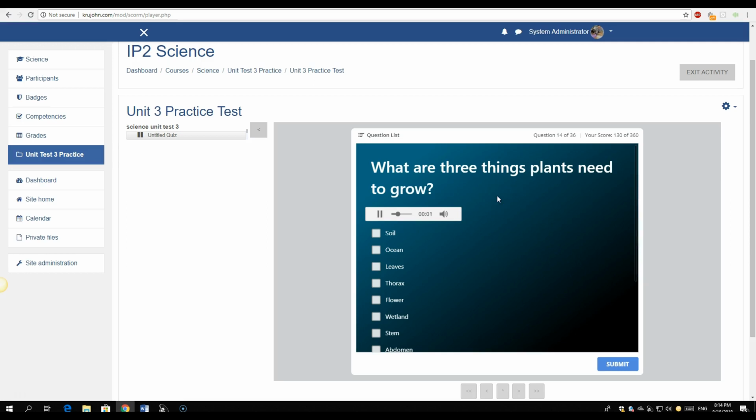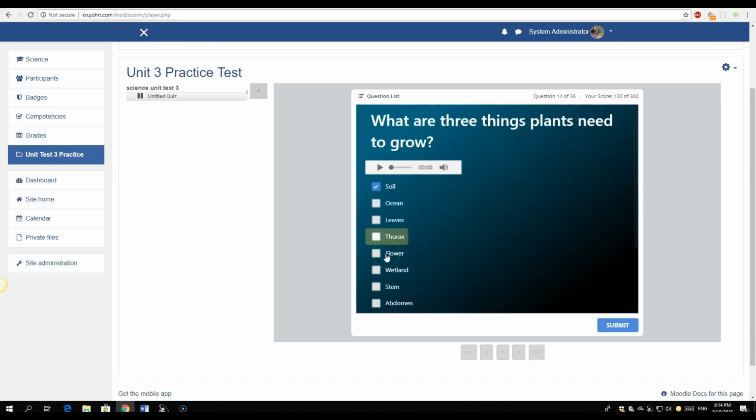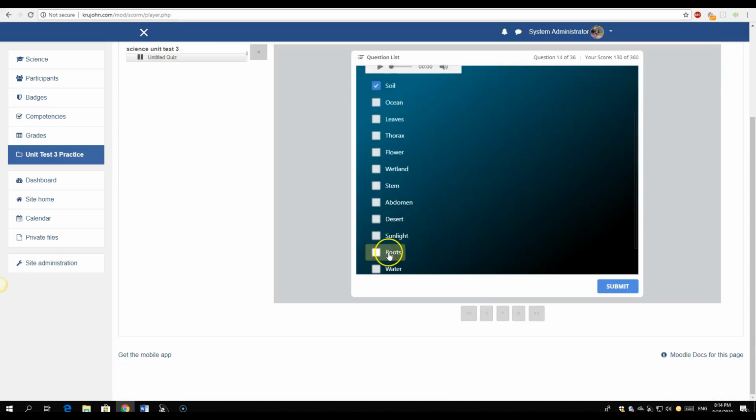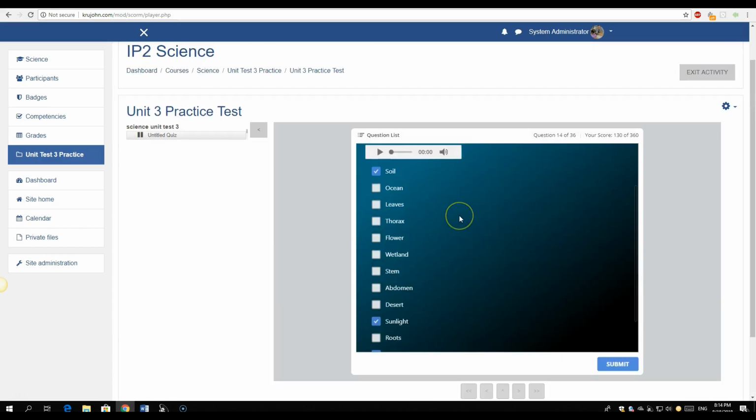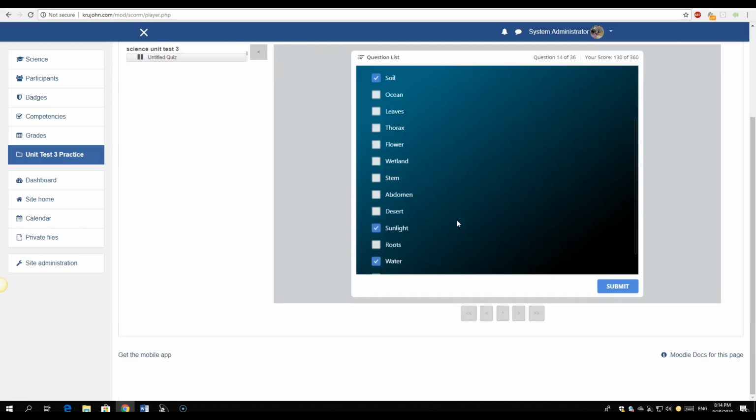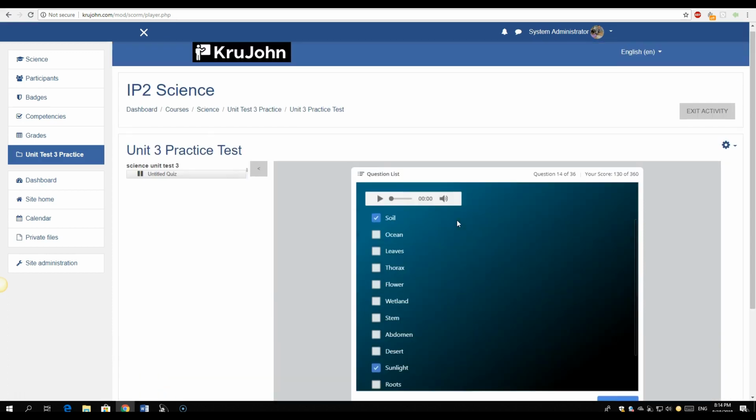What are 3 things plants need to grow? That is soil, water, and sunlight. They need these 3 things. Okay?